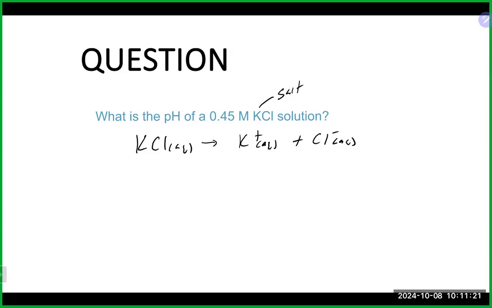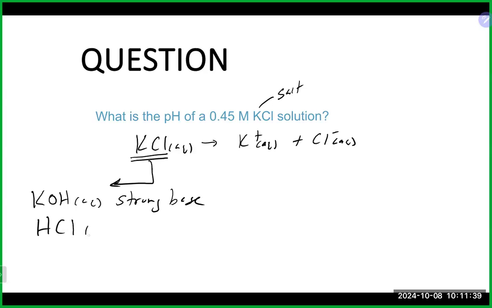And again, if you're not sure, you might want to think about what combination gave us this. K most likely came from KOH, which is a strong base. And once again, the Cl minus that we've seen before most likely came from hydrochloric acid, which is a strong acid.